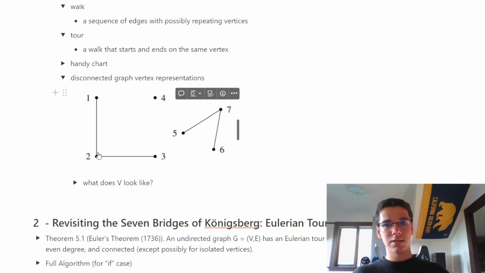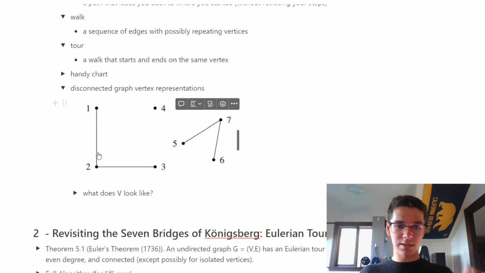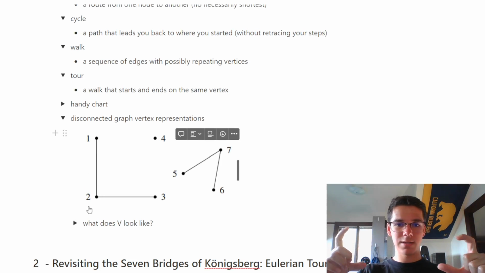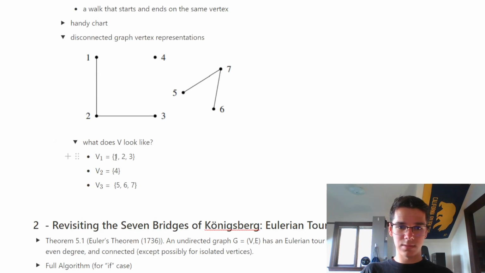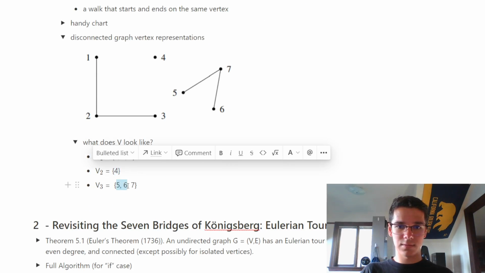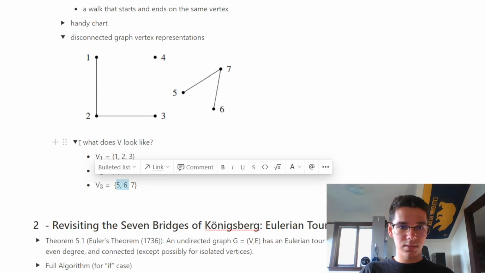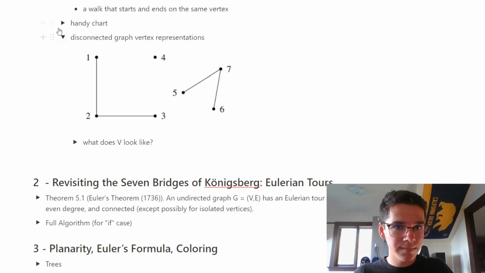They're asking us what V, the set of vertices, would look like. It would look like one set, and then it would have 3 subsets for each of these subgraphs, essentially. So, 1, 2, 3, 4, 5, 6, 7. It's fairly self-evident, I think.